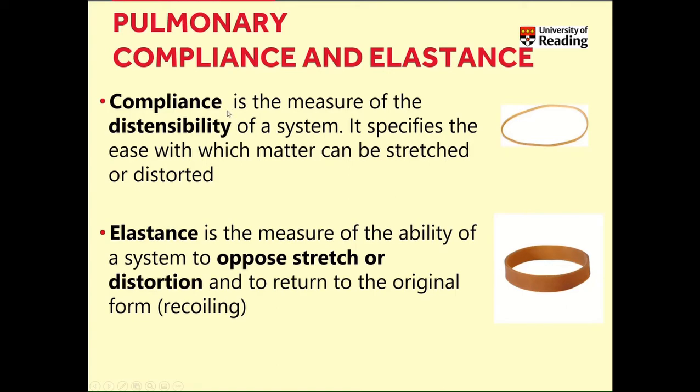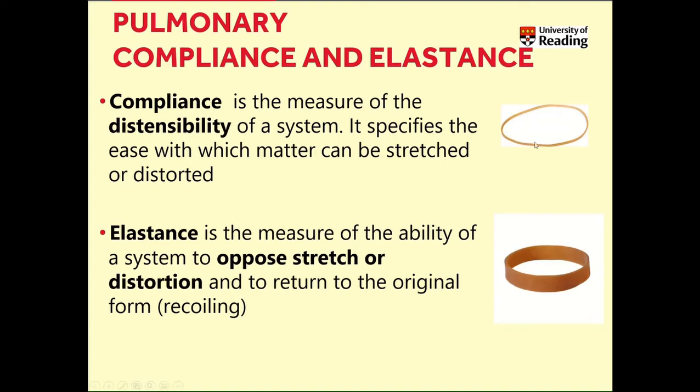Compliance is the measure of the distensibility of a system, and it specifies how easy it is to stretch a matter, distort it and change its shape. Elastance, on the contrary, is the measure of the ability of a system to oppose a stretch or a distortion, and to return to the original form, or to recoil.